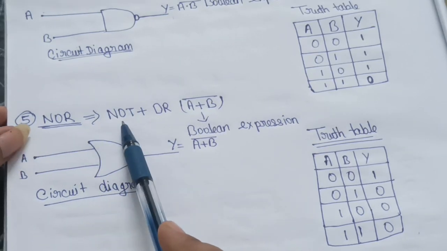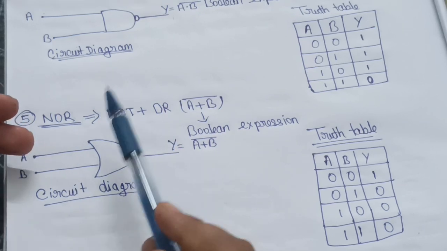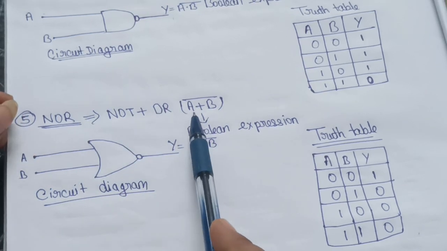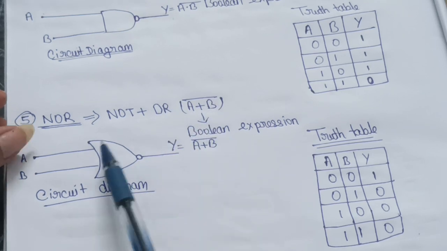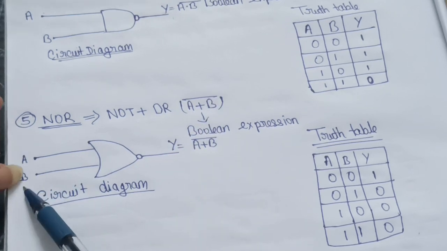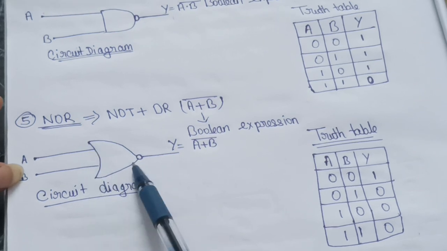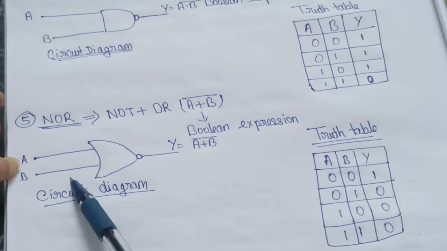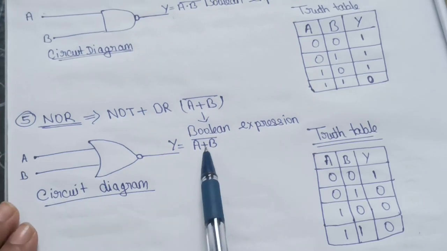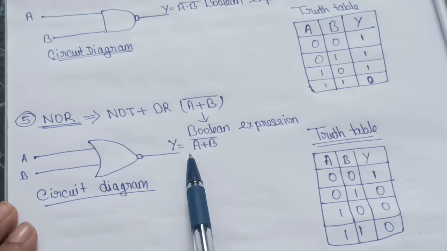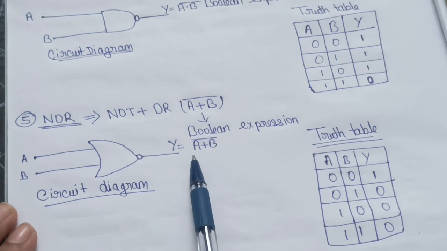NOR equals NOT plus OR, two mixed. A or B in bar. This is the symbol, and the circuit diagram of NOR. Its Boolean expression is A or B in bar.